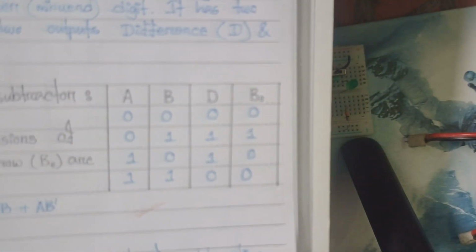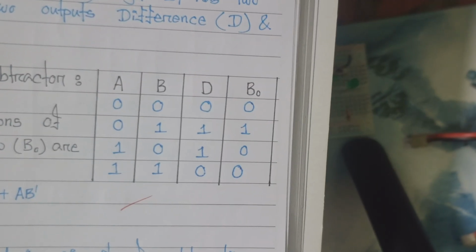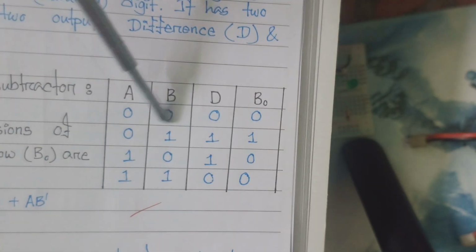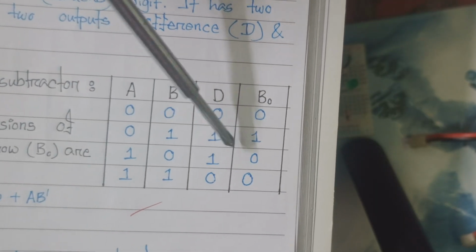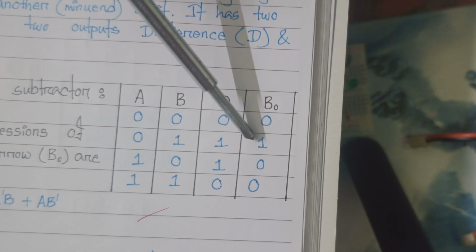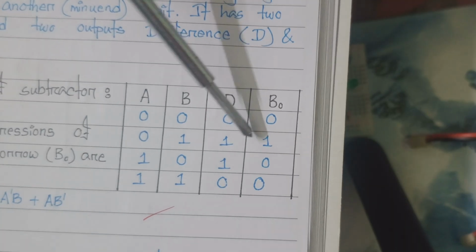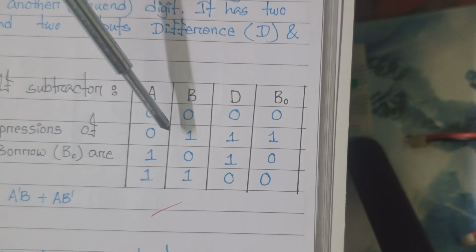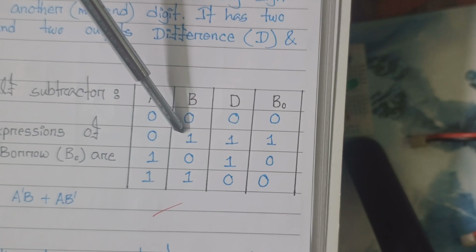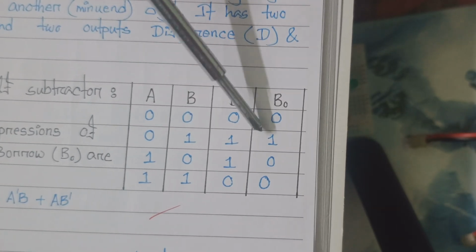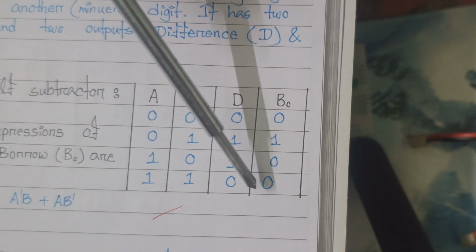If you look at the truth table of a half subtractor, you will see that the borrow is most of the time 0. Only in one situation is the borrow 1, when the first input is 0 and the second input is 1. 0 minus 1 needs a borrow, so the borrow is 1 here, and in every other situation it is 0.